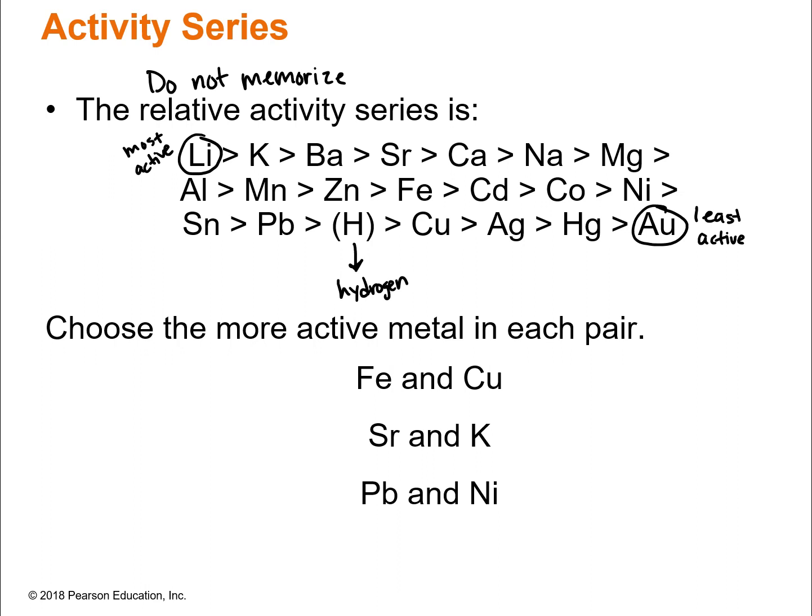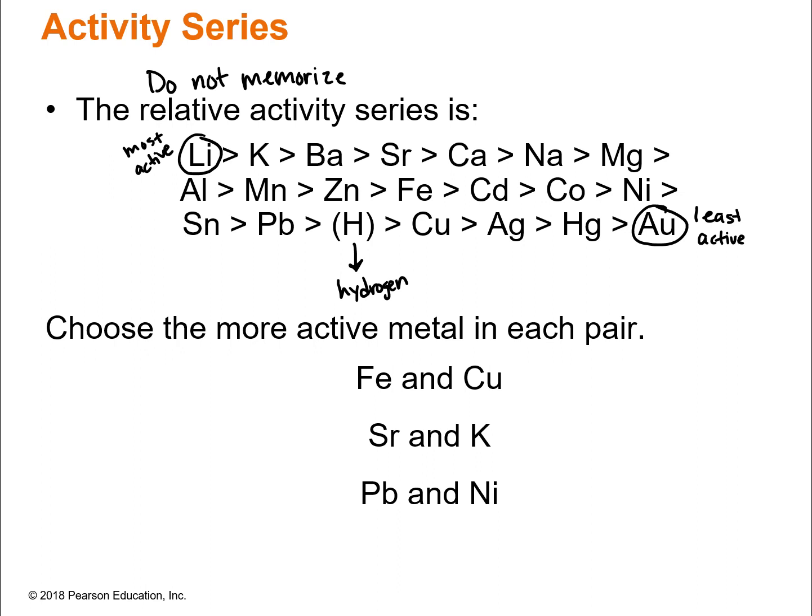Right now, I want to do a little practice with the activity series to make sure that you know how to use it. I've got 3 little problems for you to do. And in each one, I want you to choose the more active metal in each pair. The first pair we have is iron and copper.